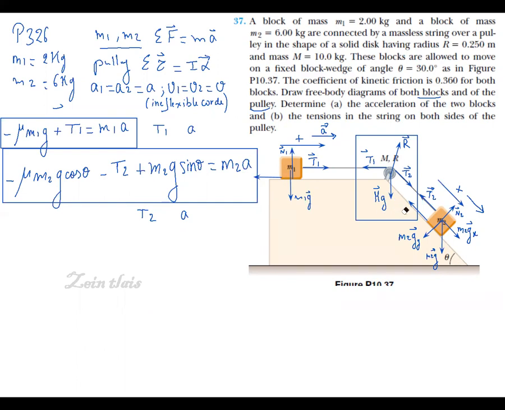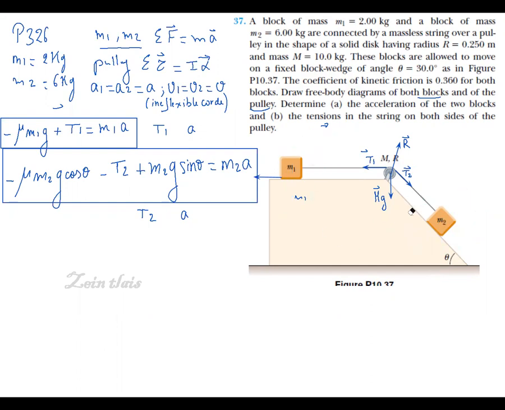Okay, let's clean here. In the case of rotational motion, as here we have a rotation, we have to apply summation of tau equals I times alpha. We cannot use summation of F equals ma.